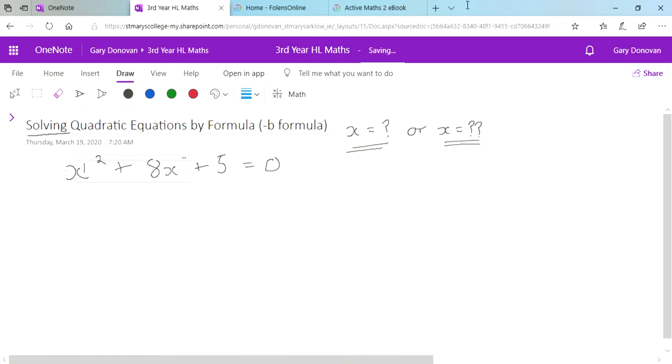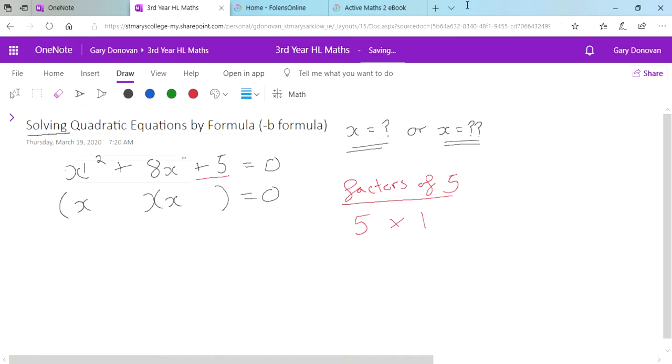So in this example, it's a quadratic trinomial. So if you remember how we solved that, we did our brackets and our brackets with our x here equals 0. And then what we did was we got the factors of 5. In this case, 5 is a prime number, so our factors are just going to be 5 times 1.